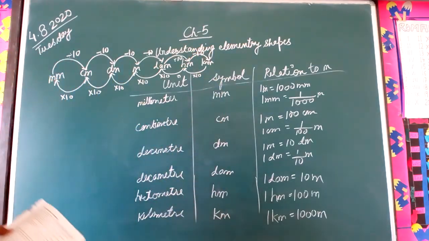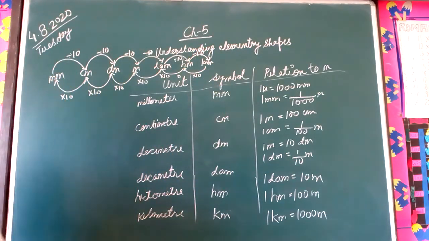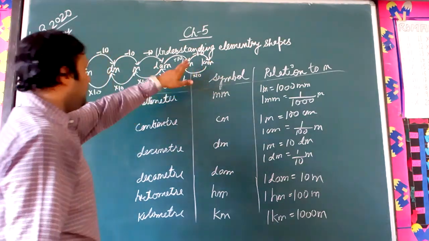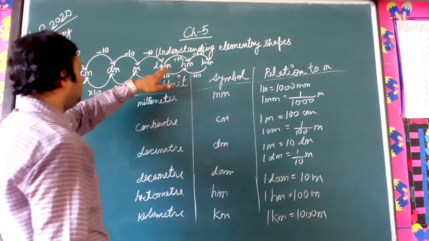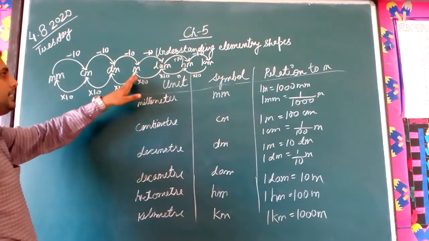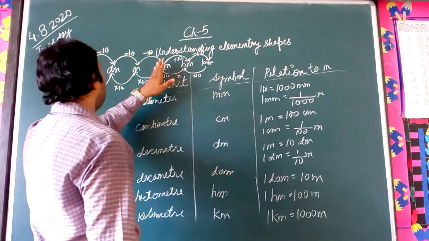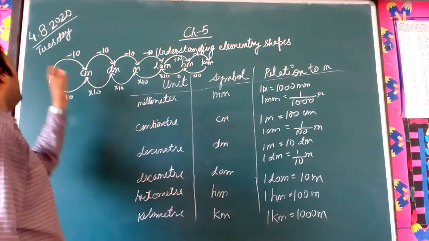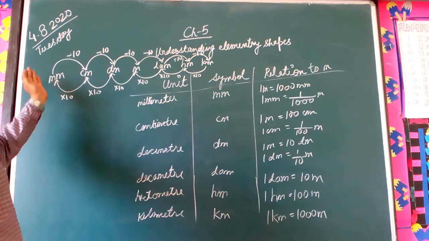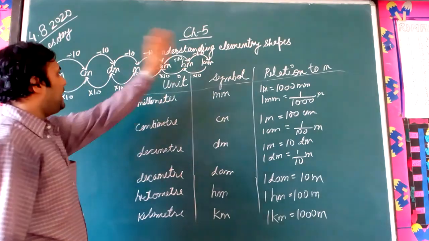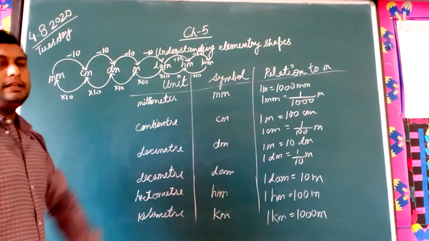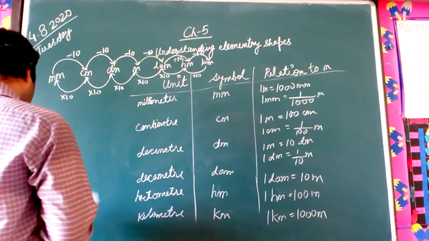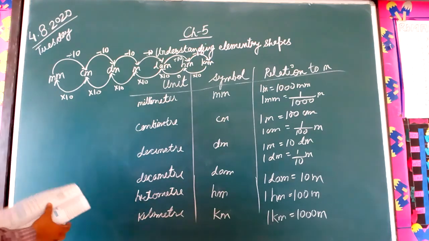So this table gives a lot of help in converting. Going from km to hm, hm to dam, dam to m, m to dm, dm to cm, cm to mm, you have to multiply by 10. When you are moving from left to right, you have to divide by 10. In this way, the conversion will be easy for you.